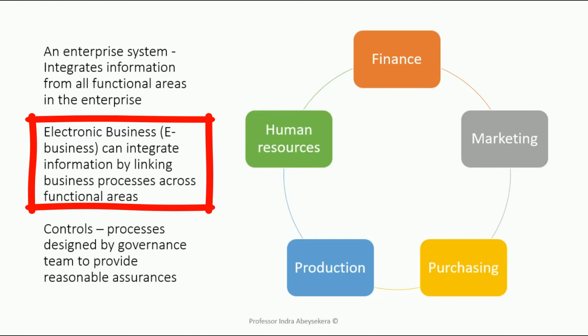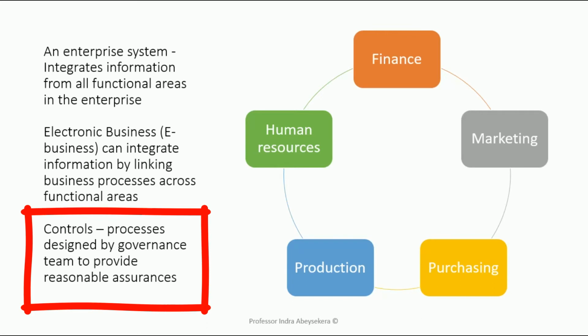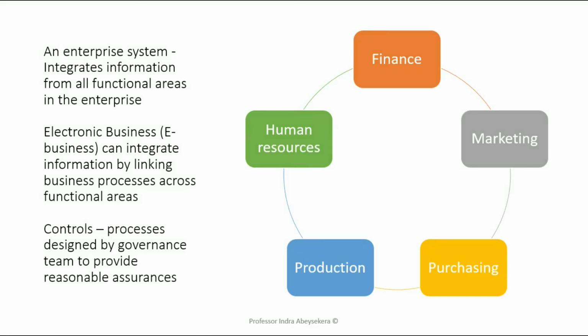They are called e-business, and these processes are designed by the governance team to provide reasonable assurances, and there are controls applied to these processes to ensure that they provide accurate data and information.